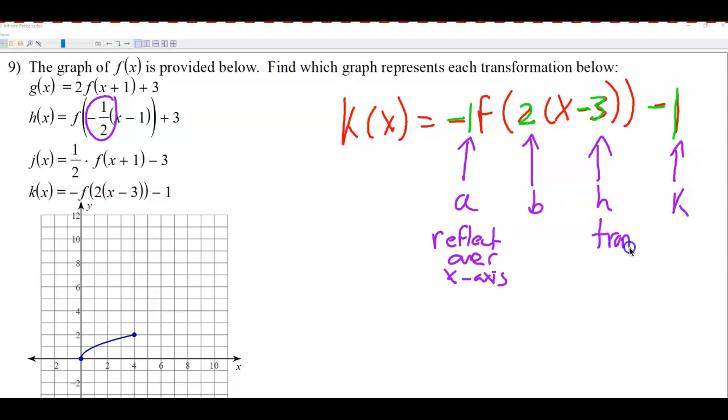Okay, so that's a translation to the right. Let me ask another person here. Steve, anything else? B is a horizontal compression. Okay, horizontal compression because it's bigger than 1. I agree. And then finally, Denise, what does the K do here?